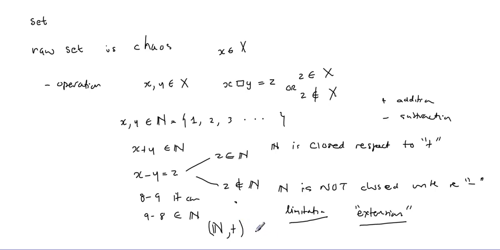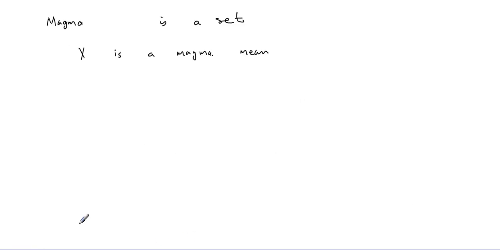So here, we are coming up with a structure. A set alone, no operation, nothing, just elements alone, is a raw set. But once you start coming up with relations, maybe operations, we're starting to come up with a structure. A magma is a kind of fixed structure. When you say X is a magma, it means X is endowed with an operation.